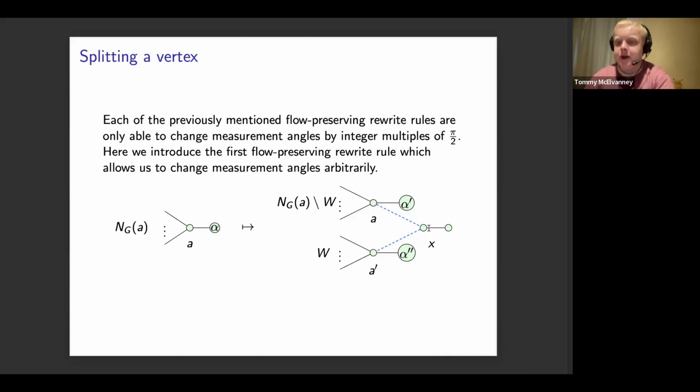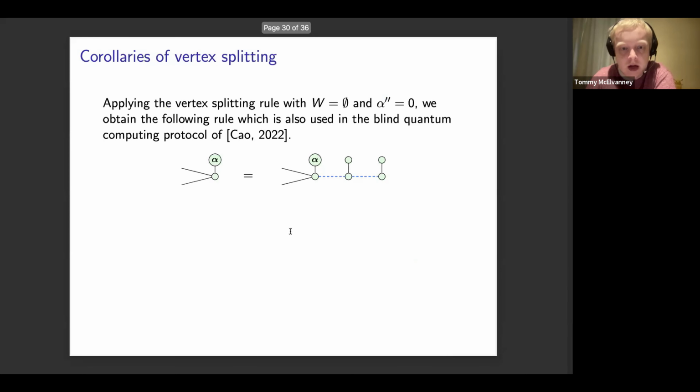Whereas in G-flow, we're not allowed to have two neighboring vertices be in each other's correction sets, as this would mean both of them precede each other, and then we get an error there.